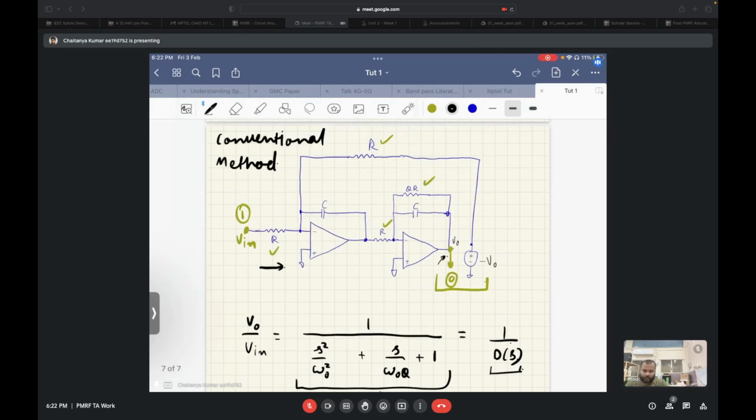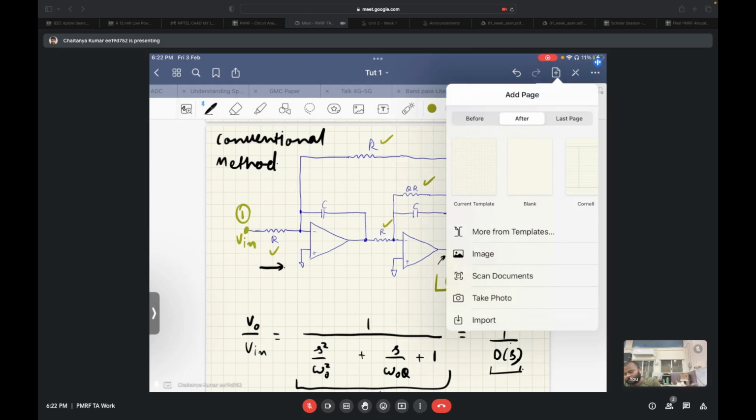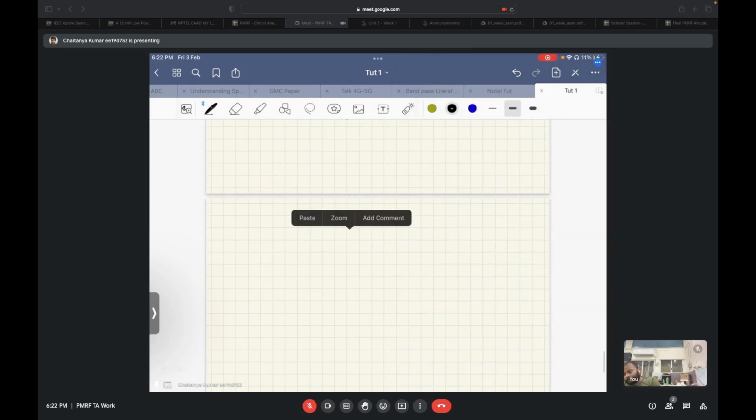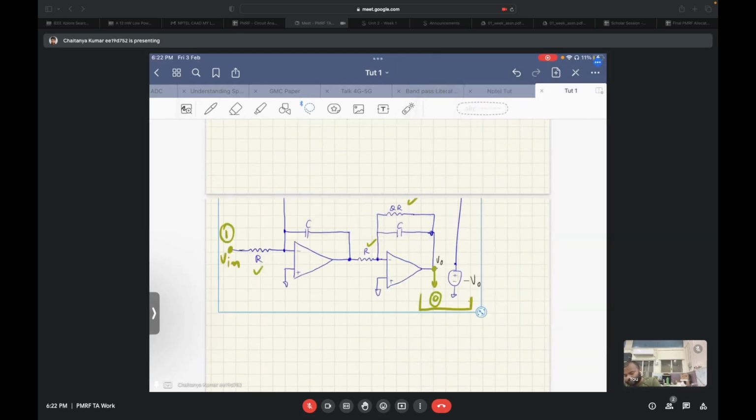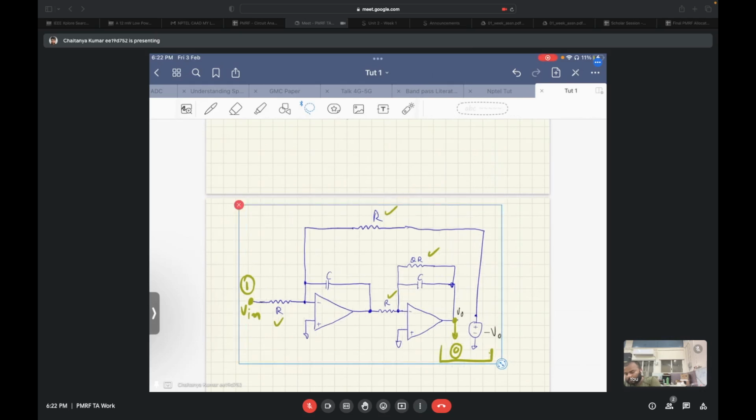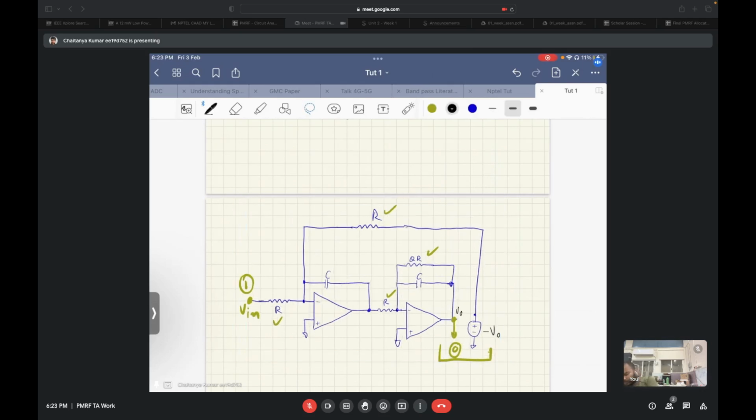So now let's try to apply the inter-reciprocity theorem on this network. So we'll again go to the next page. So we will apply the inter-reciprocity on this network.